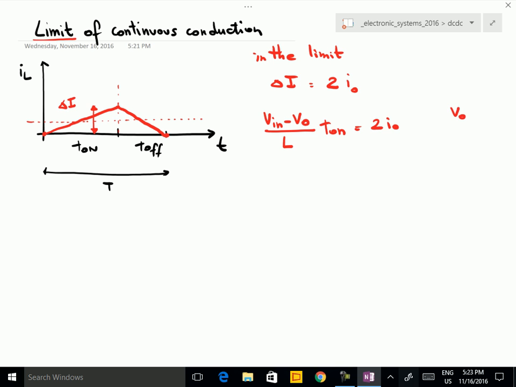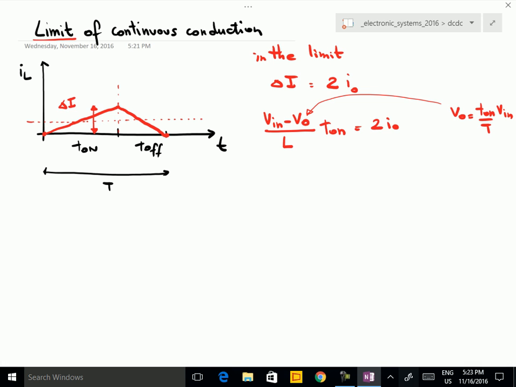VO is equal to T on over T times V in. And we can substitute this expression into this one in order to remove the output voltage.